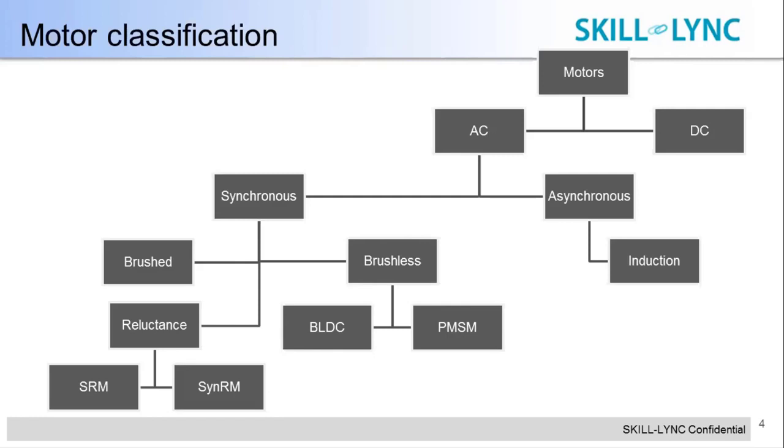All your domestic applications, or most of the industrial applications, use induction motors. The induction motor is widely used primarily because it is the only type of motor which is self-starting in nature, whereas all other types of motor in the AC category are non-self-starting.